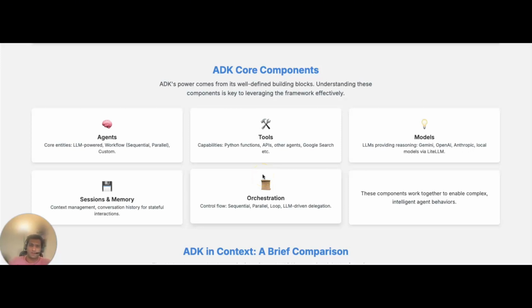This is where you define the control flow, whether it is a predictable pipeline using workflow agents or dynamic LLM-driven routing, where an agent decides the next step or which other agents to involve. This ability to seamlessly blend structured workflow with intelligent adaptive behavior is the key to building truly sophisticated systems.